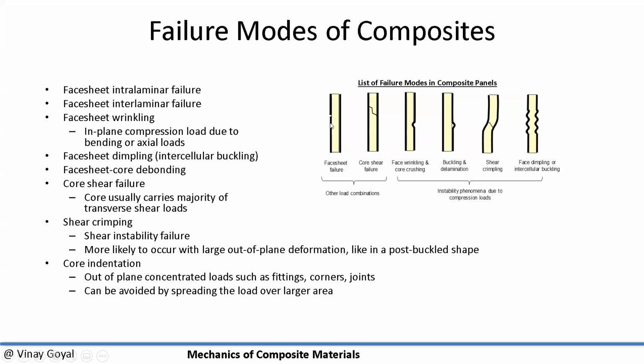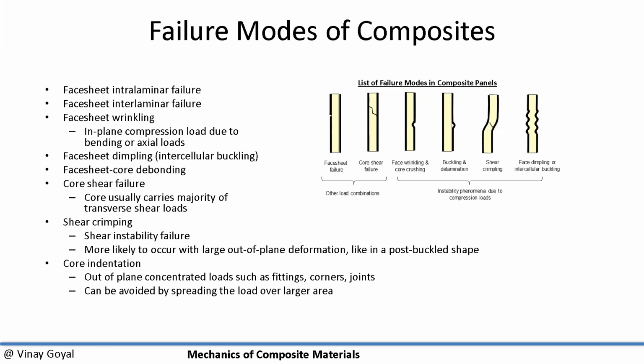And in general, shear crimpling is an instability failure mode. This one right here, I want to cover a little bit more. That one occurs largely when you have out of plane deformation. Let's say if you have a buckling event, that's where this could happen, for example. And then there's other failure modes that I did not cover here, such as core indentation.